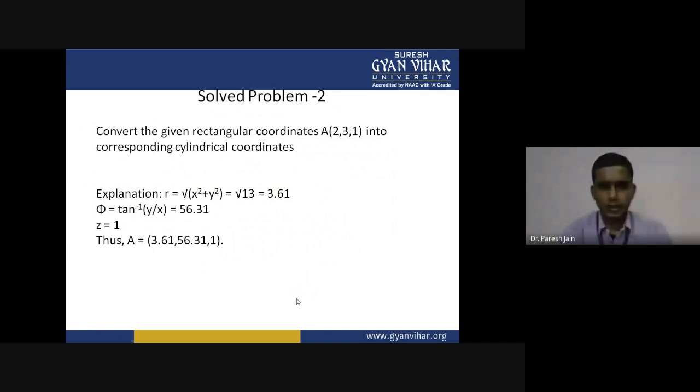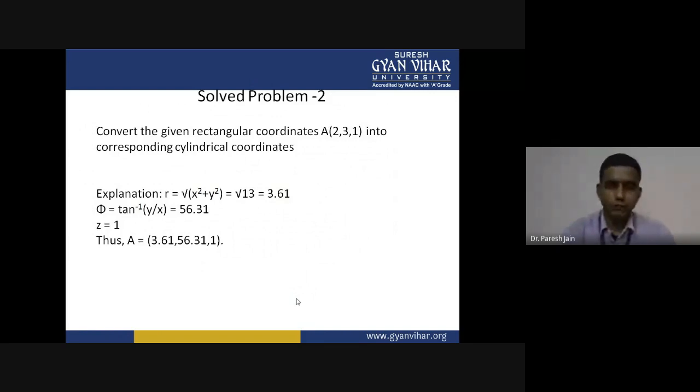The explanation is that r equals under root x square plus y square, where the value of x is 2 and the value of y is 3. So the value of under root x square plus y square is under root 13. After conversion, under root 13 gives 3.61, which is the radius of the cylinder.